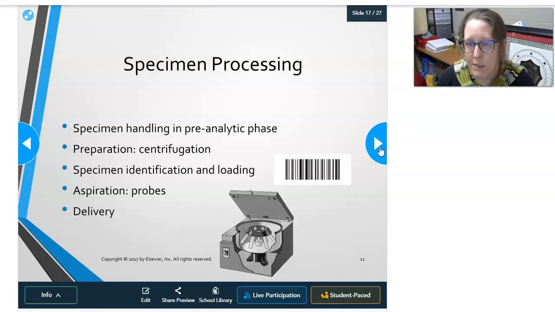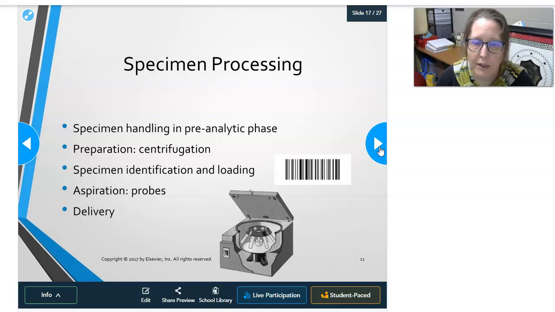If you have a specimen processor that's automated, you can simply put all your tubes in there, and it will read the barcode. It will centrifuge all the ones that need to be. It will then send it on to the appropriate department if it's linked to the other analyzers, and load it on that analyzer.